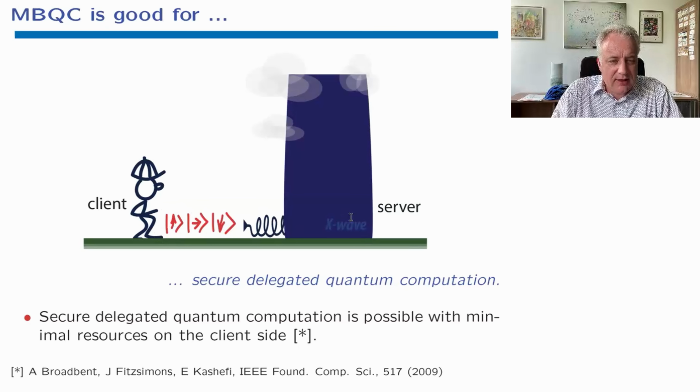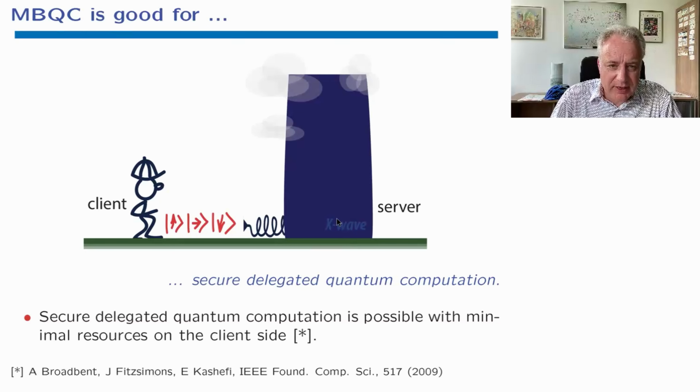You want to make sure that the server does indeed compute what you want it to compute. That is secure delegated quantum computation, and that is possible in the quantum world, as has been shown by Anne Broadbent and company in this paper.